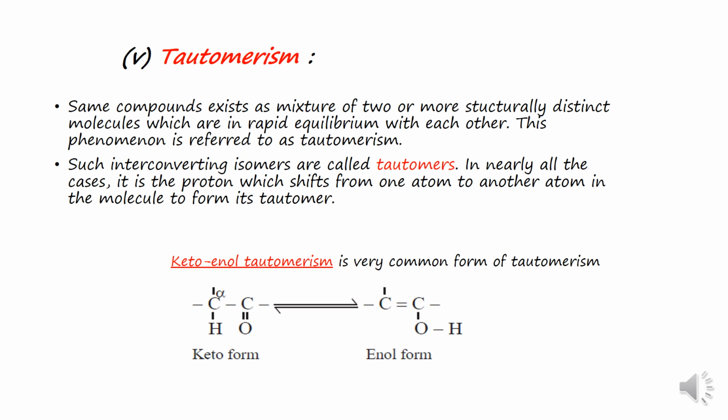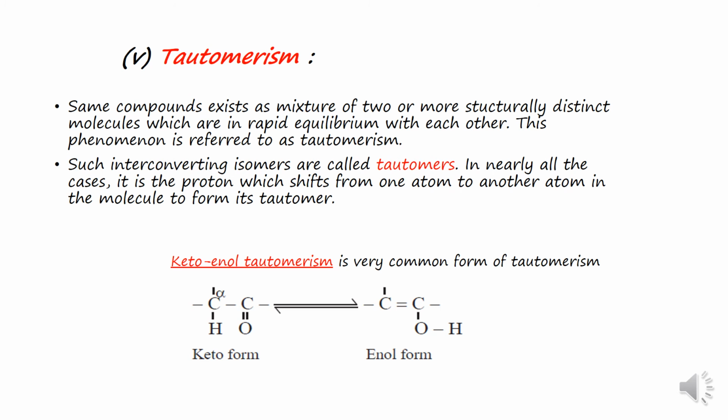This phenomenon is referred to as tautomerism, and these interconverting isomers are called tautomers. Children, in all tautomers, it is the proton which shifts from one atom to another atom in a molecule to form tautomers.